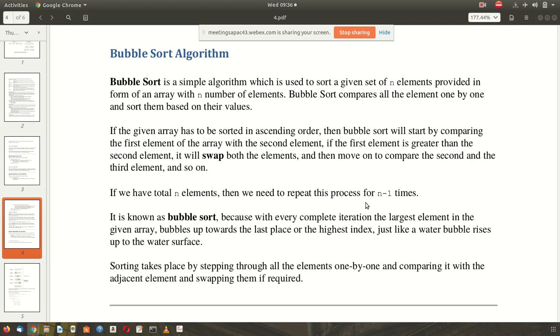So this bubble sorting algorithm is a computer algorithm that if you give the computer any random numbers, then the computer can make them in serial manner, either increasing or decreasing, and it happens very fast.